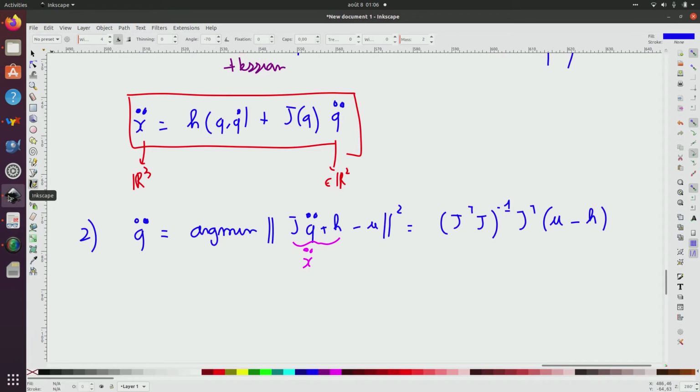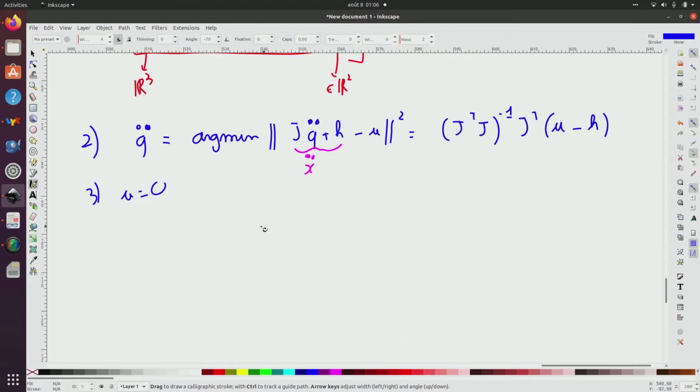So for this, I take question number 3, U equal to 0. So it means that if I have a geodesic, Q dot dot is equal to this formula, minus 1 G transpose multiplied by H, and I put a minus because U equal to 0.